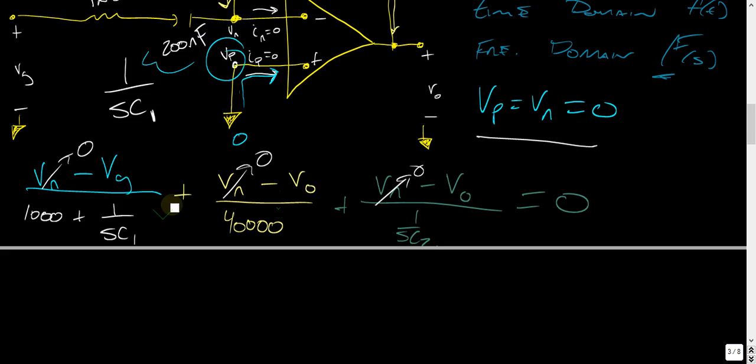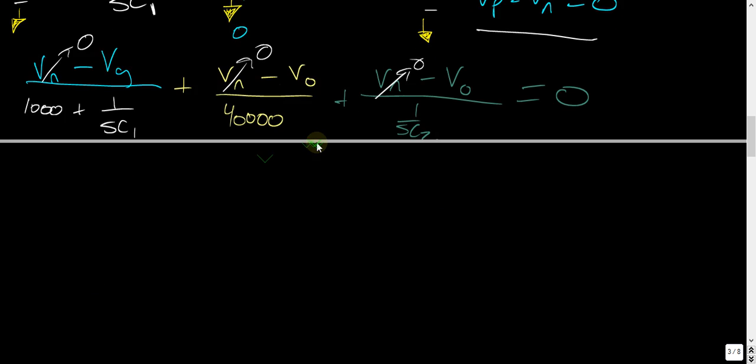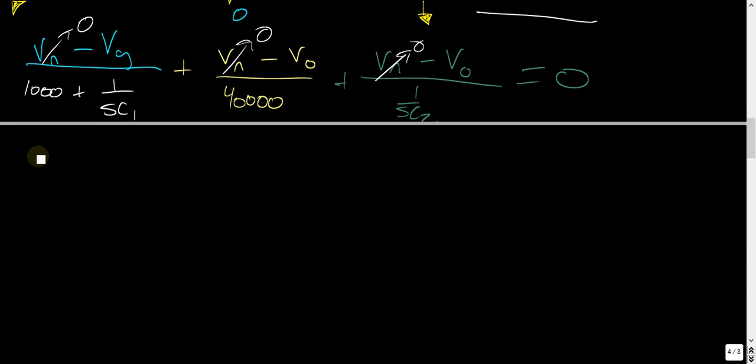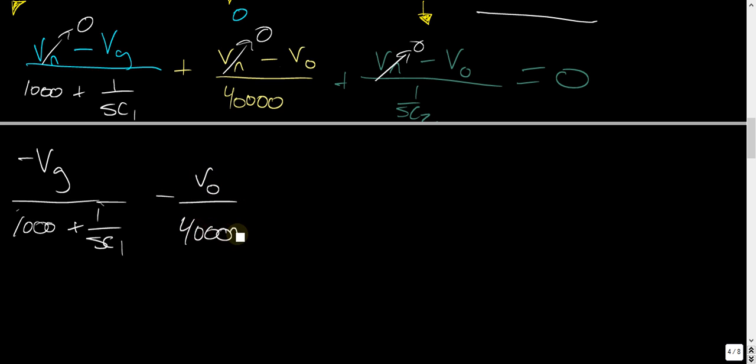And so let's simplify it a little bit here. We have VG minus VG over 1,000 plus 1 over SC1, plus minus, we'll do a minus there, minus V out over 40,000, plus, minus again, sorry, minus V out over 1 over SC2 equals 0.